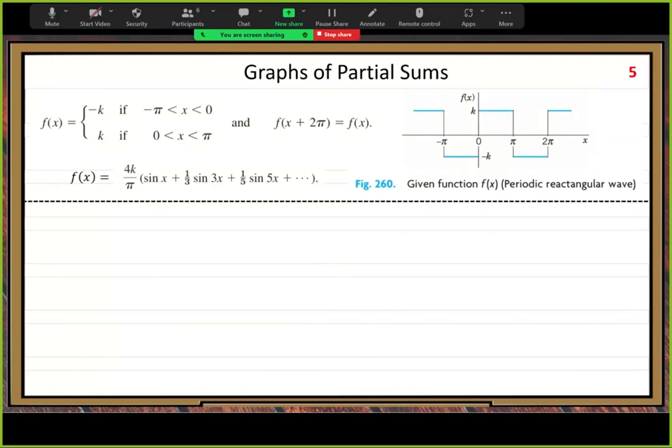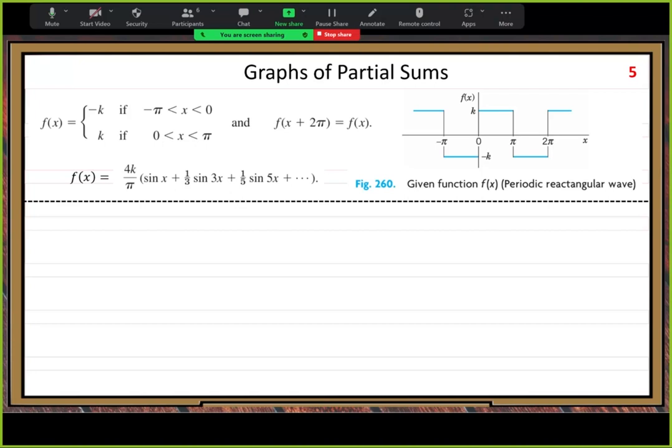Here, I want to convince you that this Fourier series expansion makes sense, or, if we use the approximation view, it's correct.